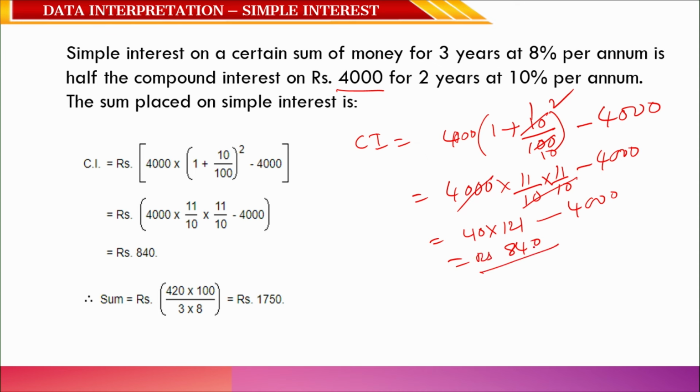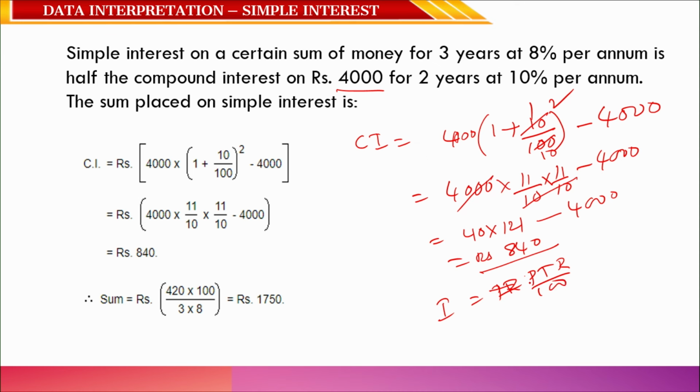So, when you consider the amount 4,000 rupees for 2 years at the rate of interest 10% per annum, it is 840. But if you calculate a certain sum for 3 years at 8% per annum, that is I is equal to PTR by 100, correct.